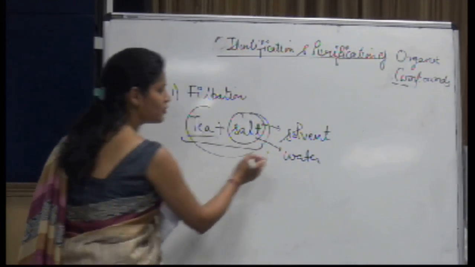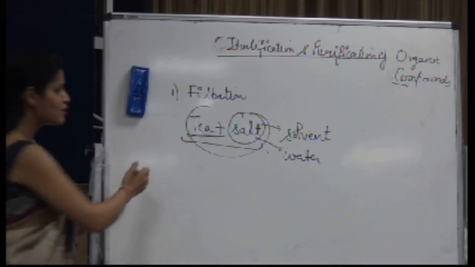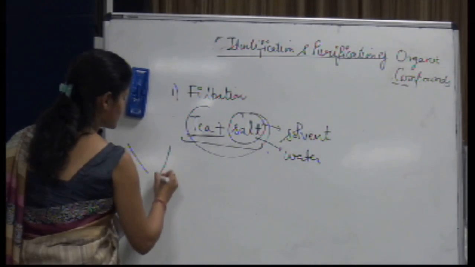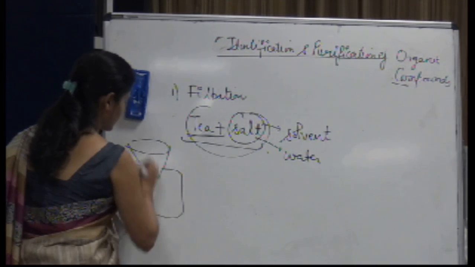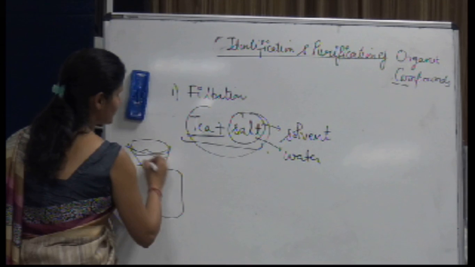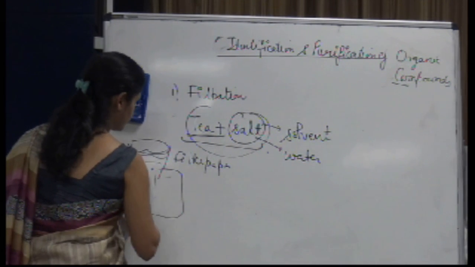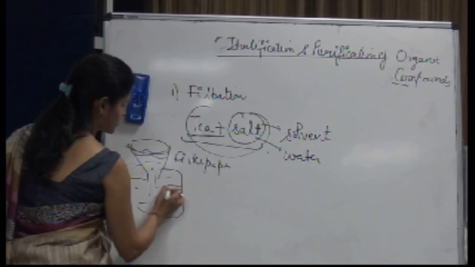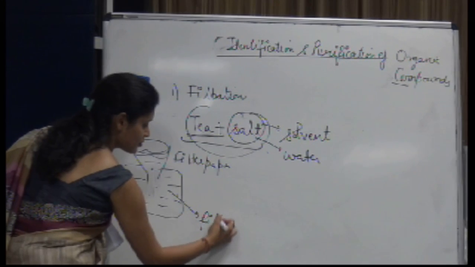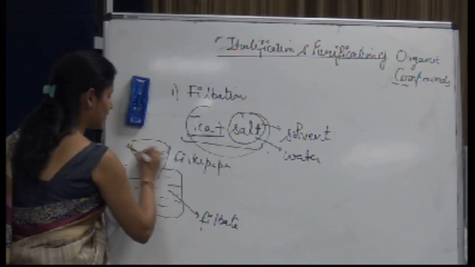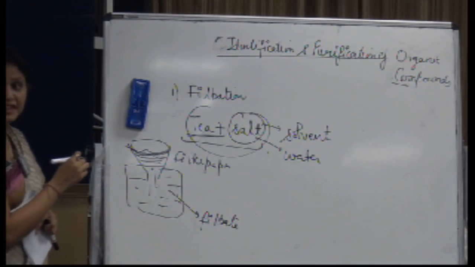Salt will dissolve in the water, but the tea will remain undissolved, and hence I can filter it using a funnel, by using the filter paper, obviously. So this is known as filtrate, and the component on the filter paper is known as residue.